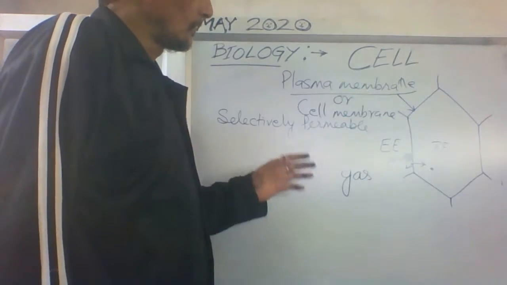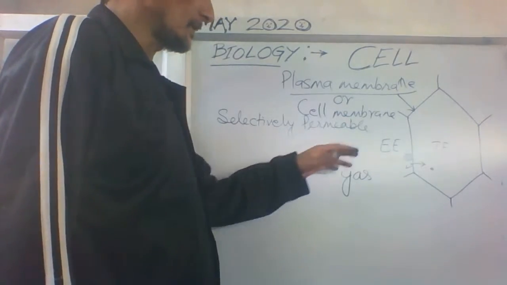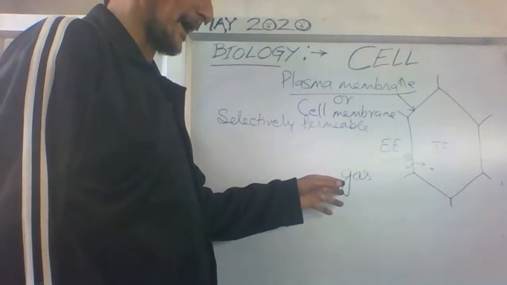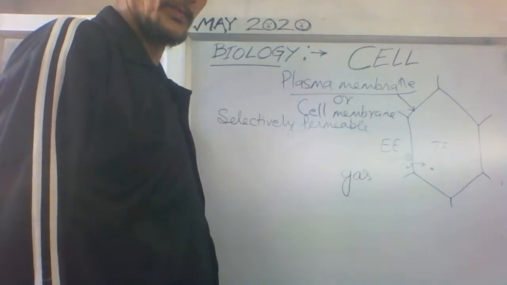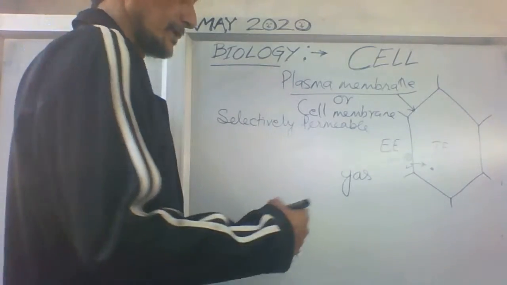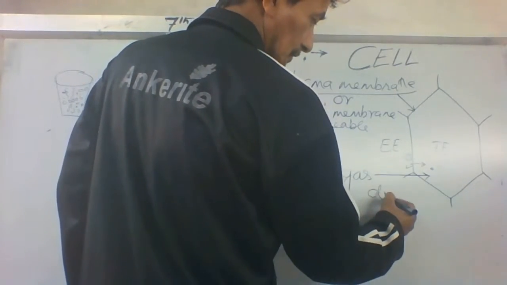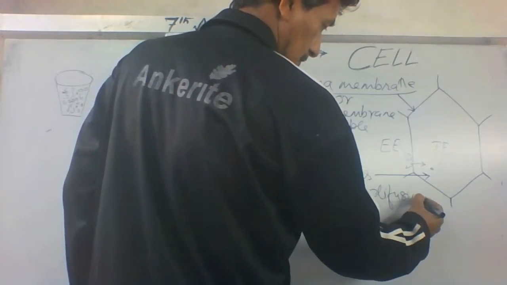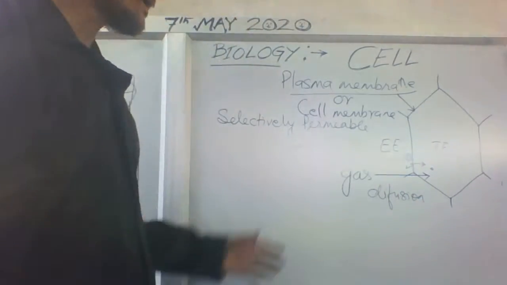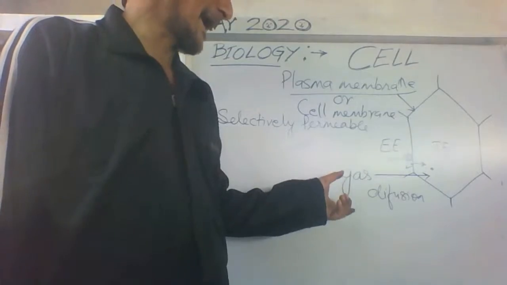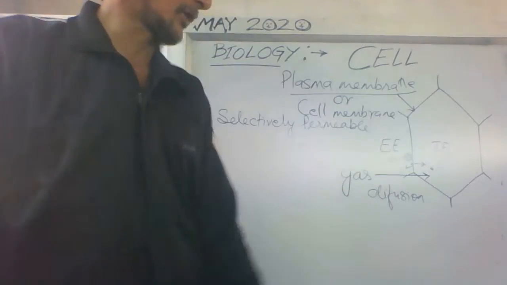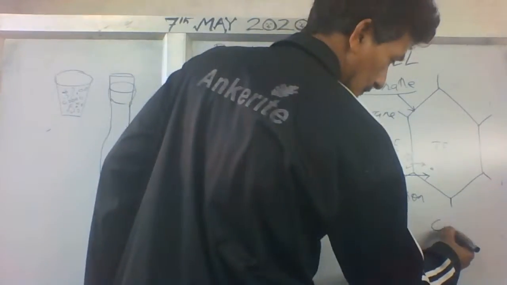If the particle which it is permitting to go inside is a gas, then this is called diffusion. And if this particle is not a gas, it is a liquid, then this is called osmosis.